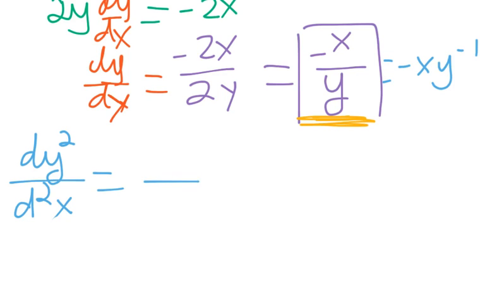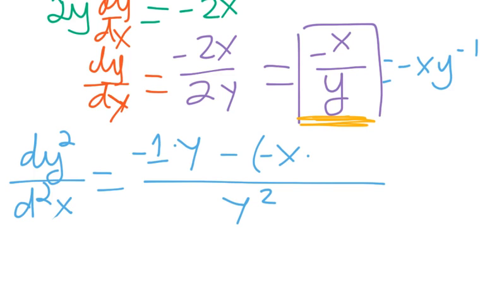Alright, so we take the derivative with the quotient rule, so the denominator to the second power. I'm taking the derivative of x, which is negative 1, times y, minus negative x times the derivative of y, which is 1. But because you take the derivative of y, I have to write dy over dx.